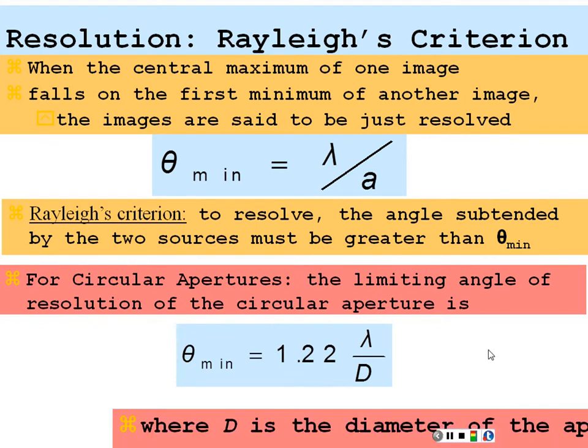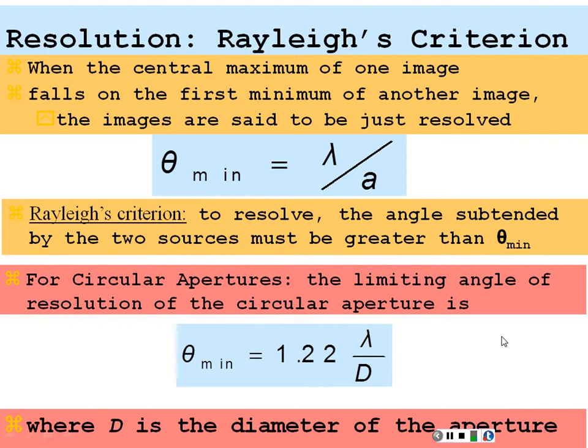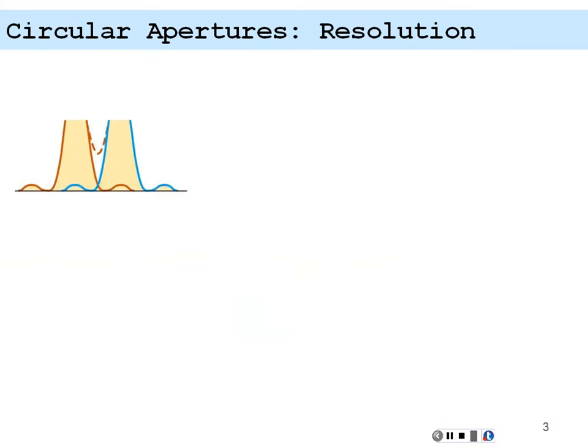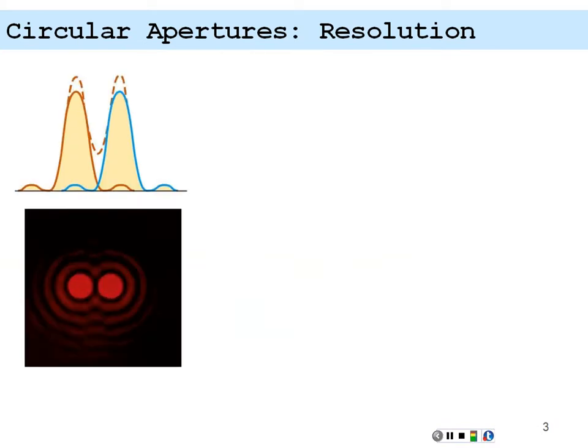So our minimum angle for circular apertures is 1.22 lambda over D, the diameter of the aperture. Still a very simple equation when it boils down to it.